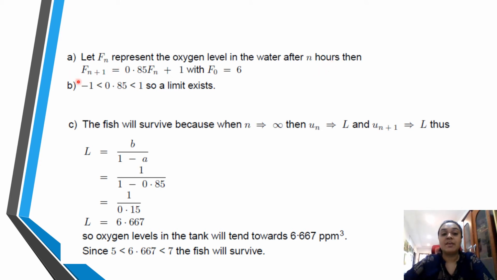Then Fn+1 equals, so this is about the remaining oxygen level, 0.85 multiplied by the level of oxygen in the earlier hour, Fn, plus 1, because 1 is the amount of oxygen being pumped by the pump into the fish tank, which is 1 part per meter cube. And we know the initial concentration is 6 parts per meter cube.